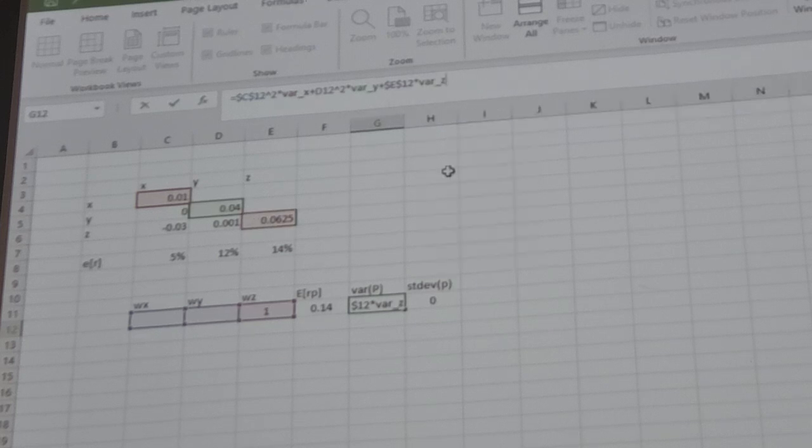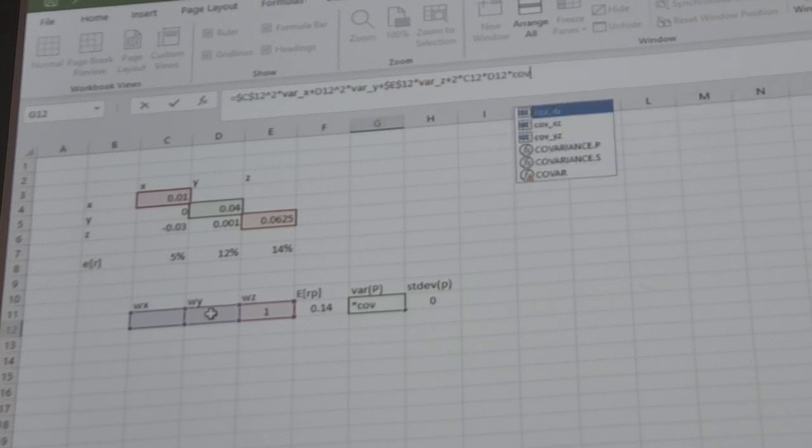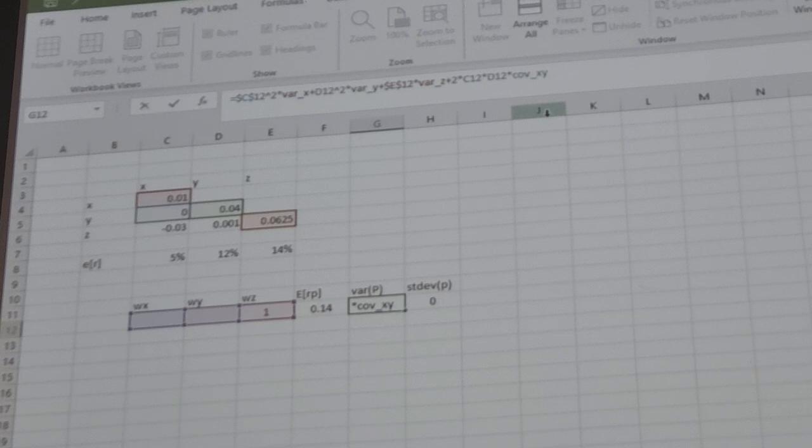Yep. So we just dealt with the variances, and now we need to do the covariances. So plus 2 times the weight of x times the weight of y times who? Covariance xy, plus the weight of x, weight of z times covariance xz.